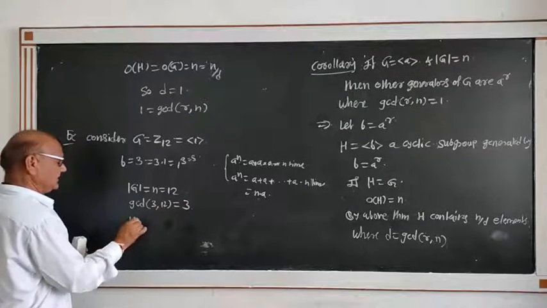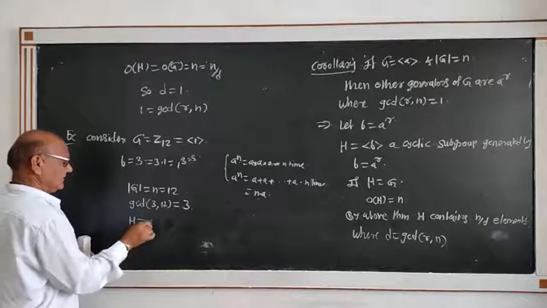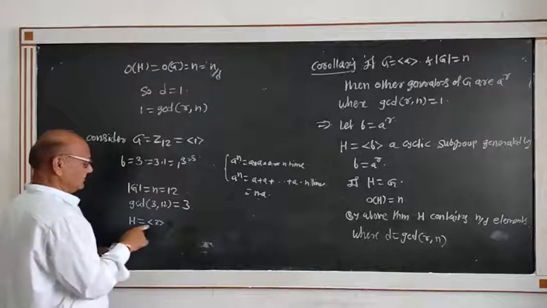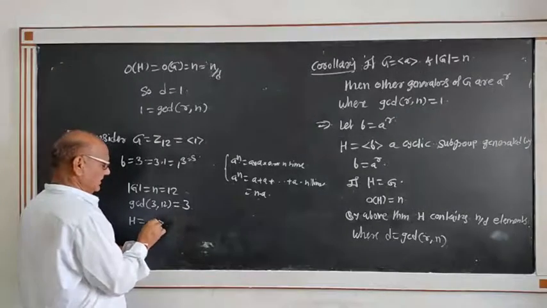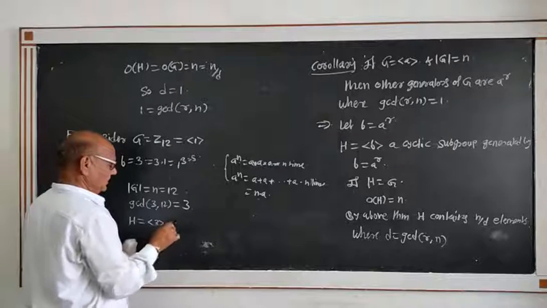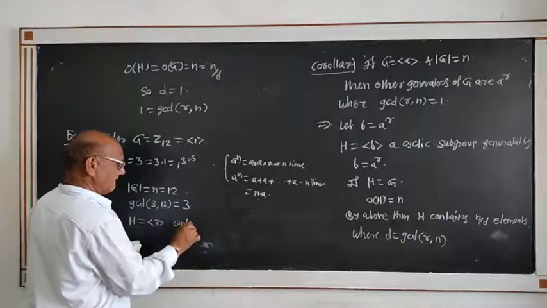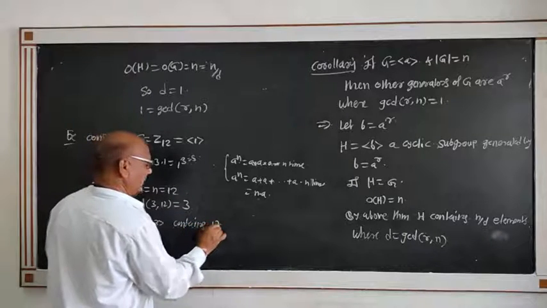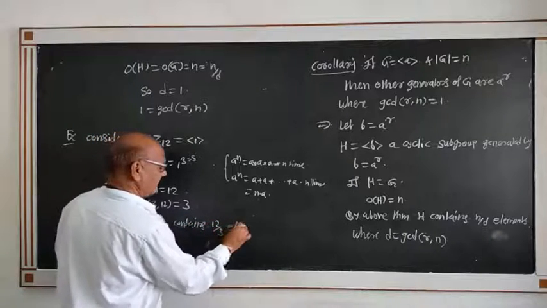H, the cyclic group generated by 3, that means 1 cube, contains 12 by 3 elements.